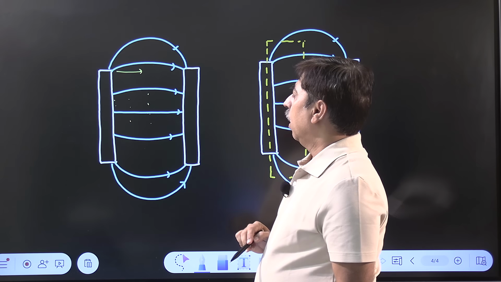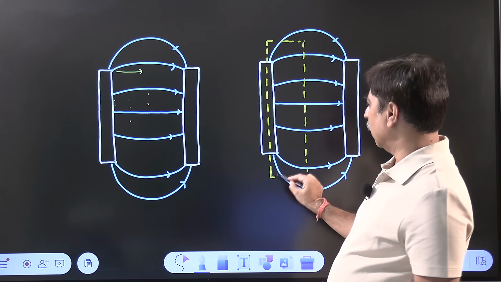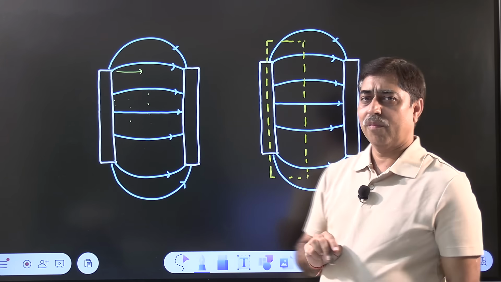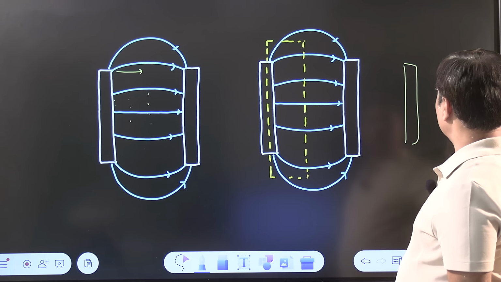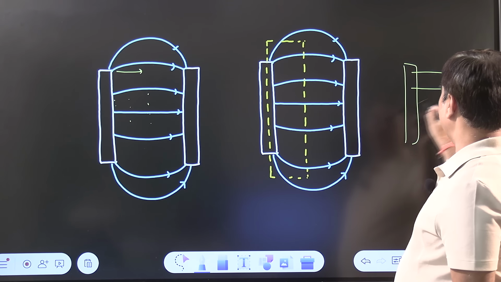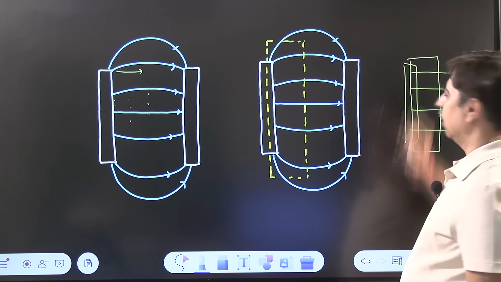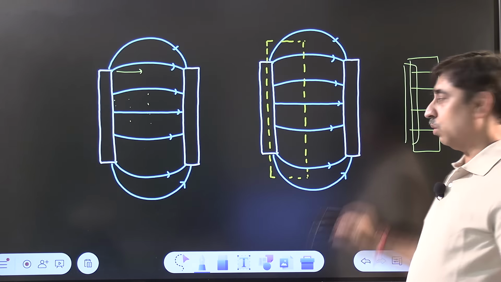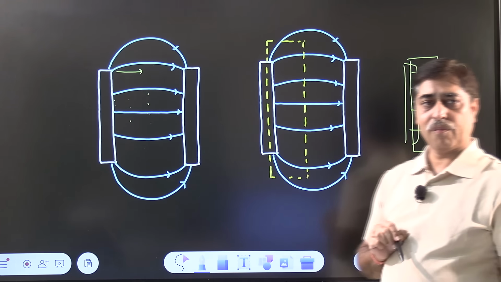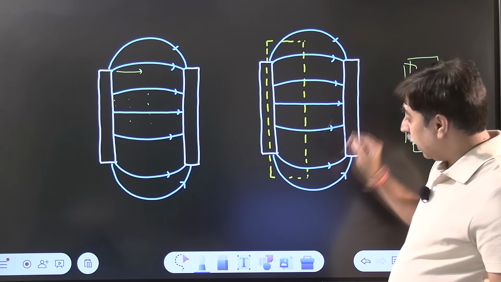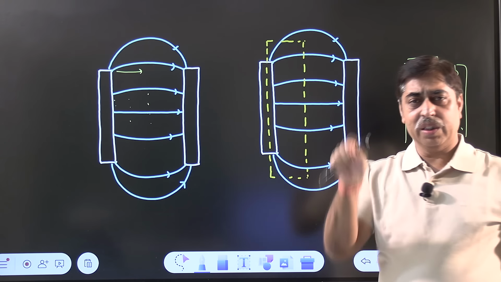So, electric field strength is decreasing from here to the center, and then again it is increasing from here to the center of the plate. If you think of a Gaussian surface like this, when you assume that your field is exactly normal to the walls of the plate, the entire flux through this Gaussian surface is due to field lines crossing this surface. Okay, fine. Now, in reality, the field lines are somewhat like this, represented in blue color.